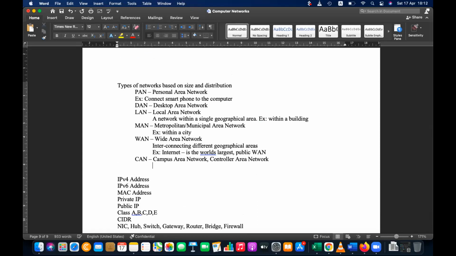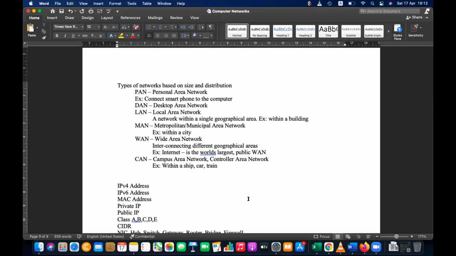Controller area means, for example, within a ship, car, or maybe within a train. There's a network connecting machinery, sensors, and components together. That is called a controller area network.